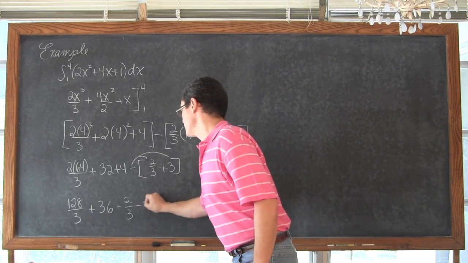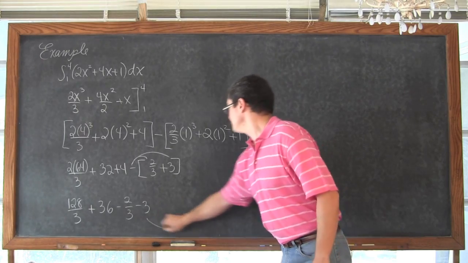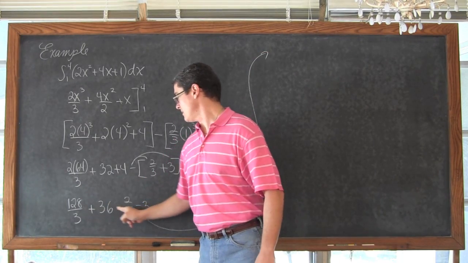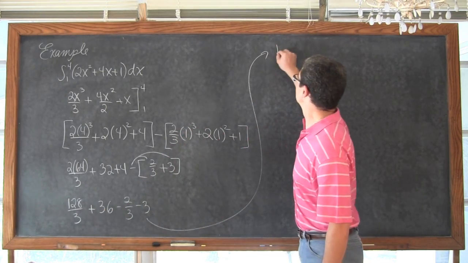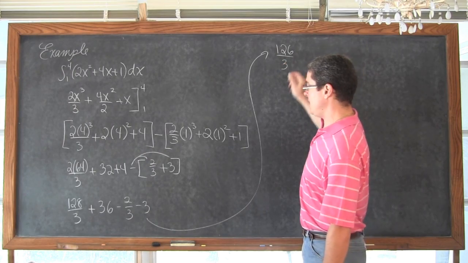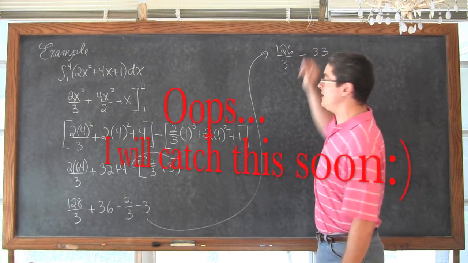I'll just write minus 3. Let's just distribute that negative sign. So now we have 128 minus 2, because we have common denominators here, is 126. So 126 over 3, and 36 minus 3 is 33.